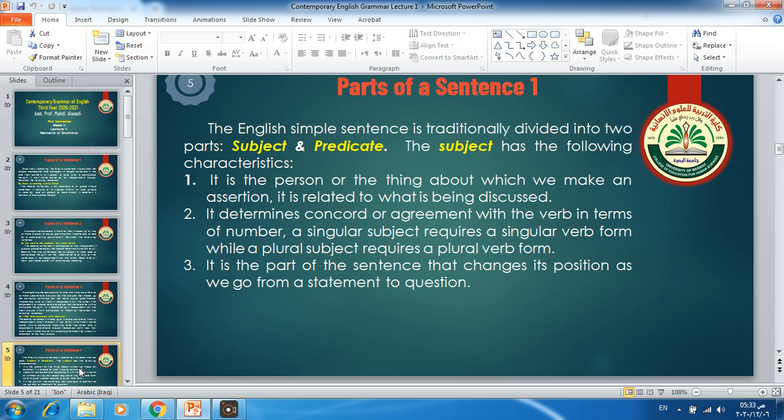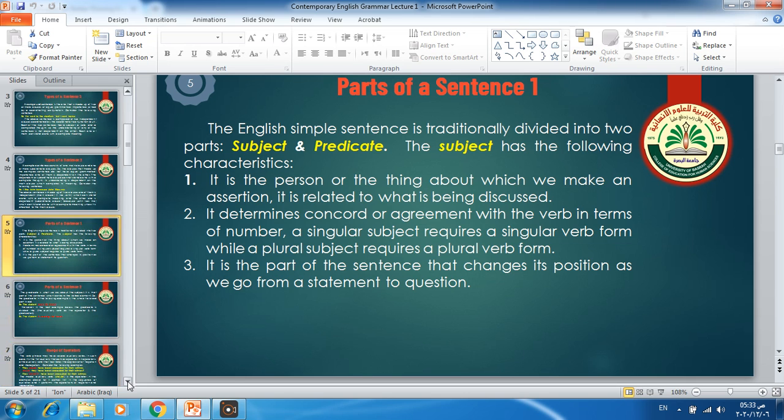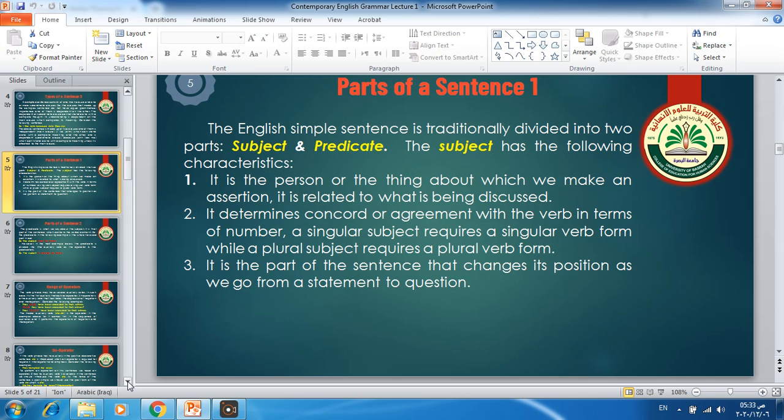The English simple sentence is traditionally divided into two parts, the subject and the predicate. The subject has the following characteristics. It is the person or the thing about which we make an assertion. It is related to what is being discussed.